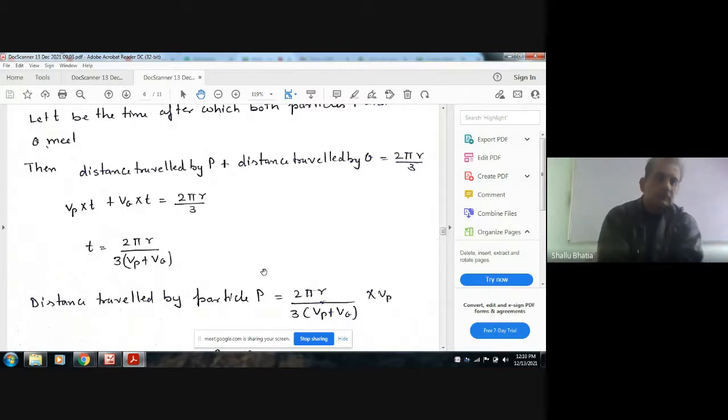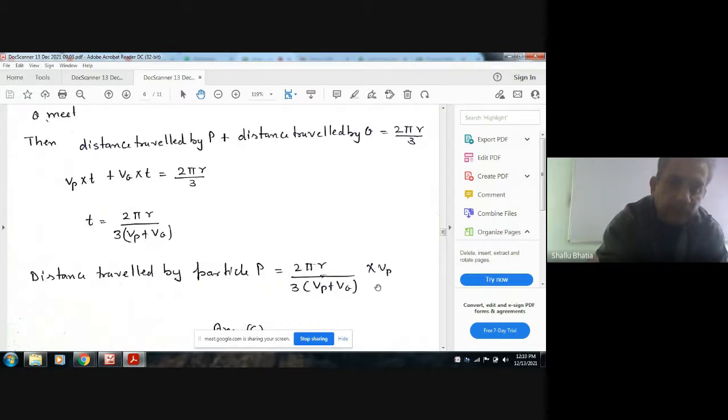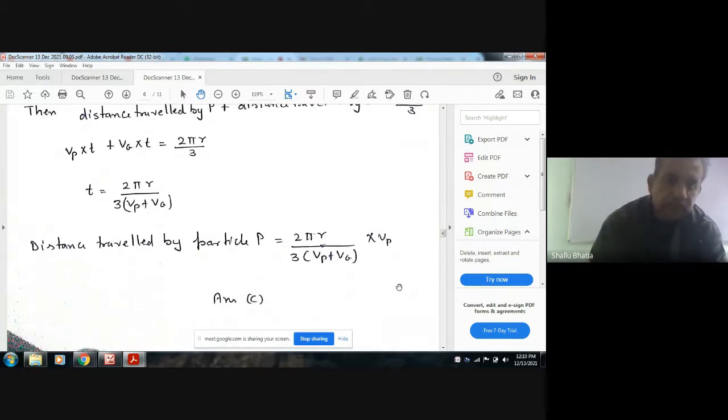The distance traveled by particle P will be time times the velocity of particle P, where that time is the time to meet particle Q, the duration of travel of particle P. So the distance traveled by particle P is t times Vp. Okay, so the answer is C.